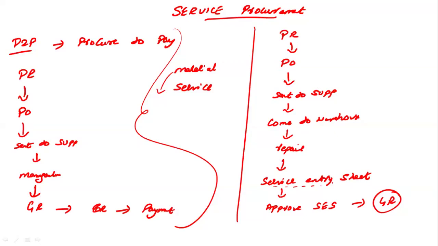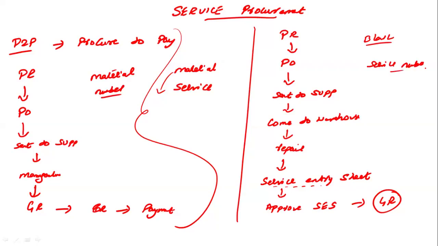The second difference: when you're placing a material procurement, you will input the material number. But in service procurement, you will not input the material number. Material number will be blank. You will input the service number. What is the service number?